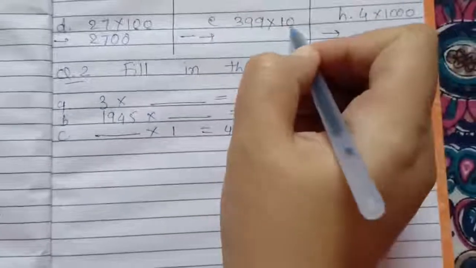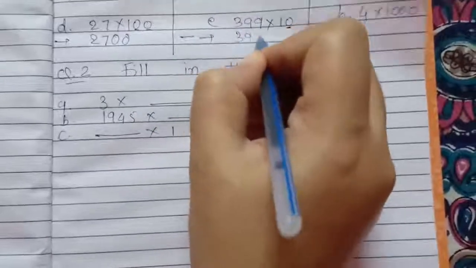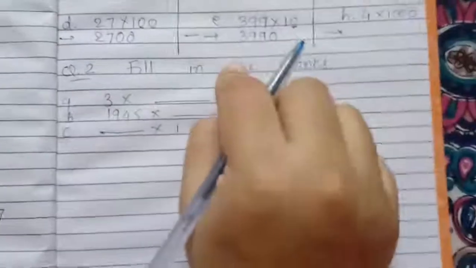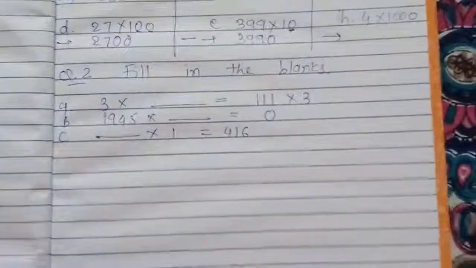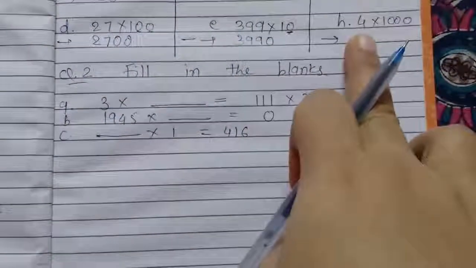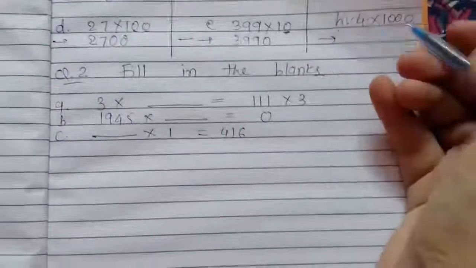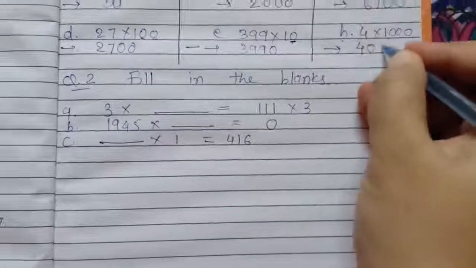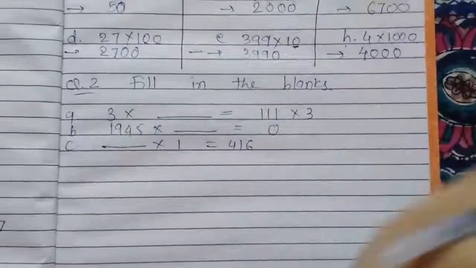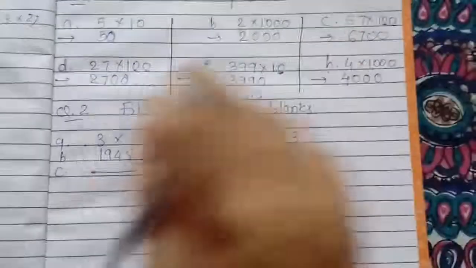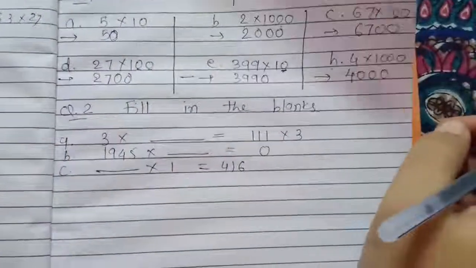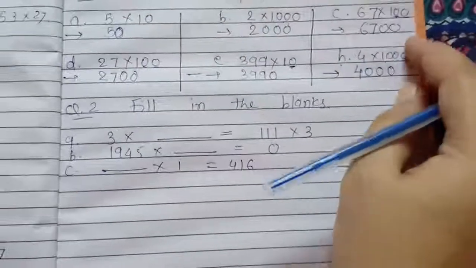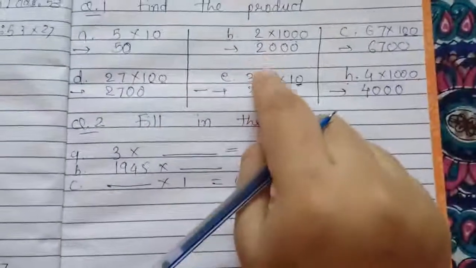So there is only 1 zero, 399, and add this 0 here. So your answer is 3990. H, 4 and 1, 2 and 3. So 1, 2 and 3. It's 4000, right? F, G and I are your homework in question number 1.